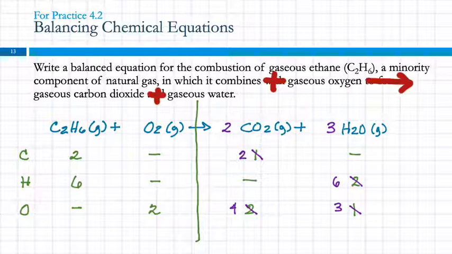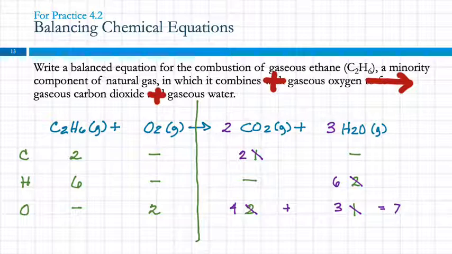Did that change the carbons? No, it didn't. So that's okay. So carbon and hydrogen are balanced now, and now we go to oxygen. And oxygen is good to leave for the last because it's present as an element. So I've got 4 plus 3 is 7 oxygens here, and on the left side I have 2.